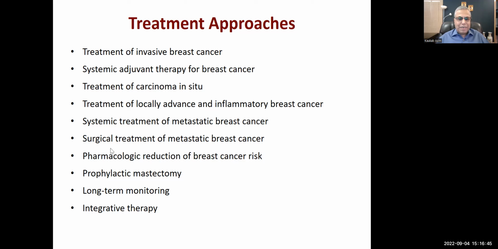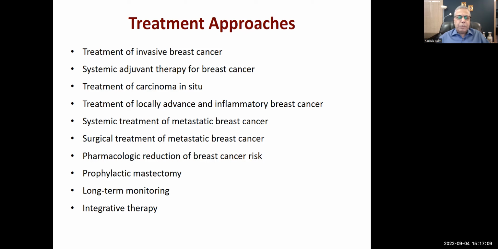Now, this might seem odd, but previously we used to say that surgery has no role in metastatic cancers because the cancers have spread to other organs like the bones or the lungs or the liver or the brain, wherever. So where do we do the surgery?